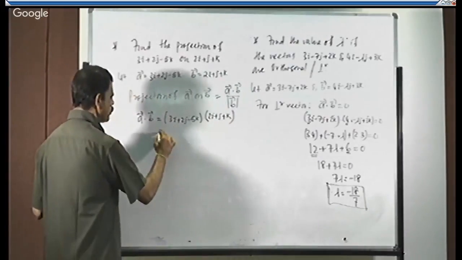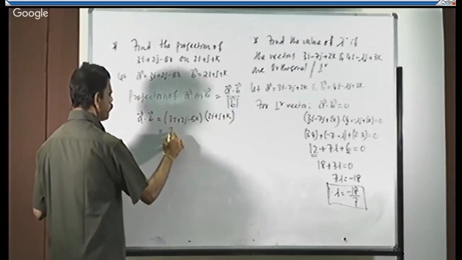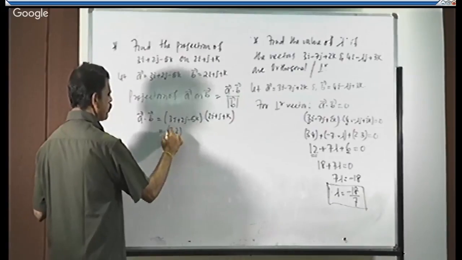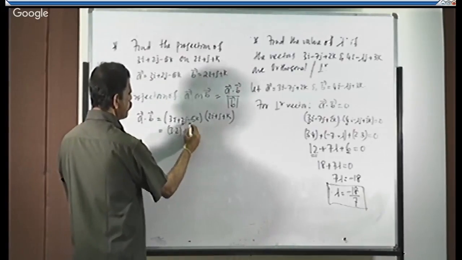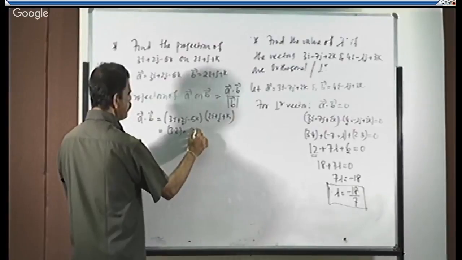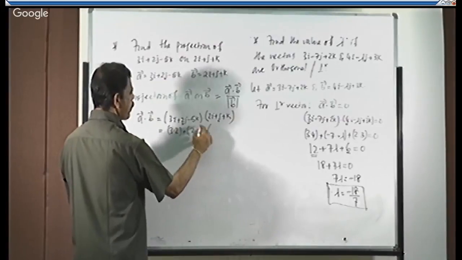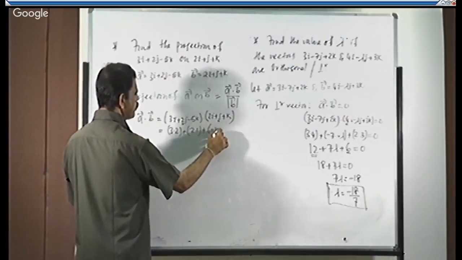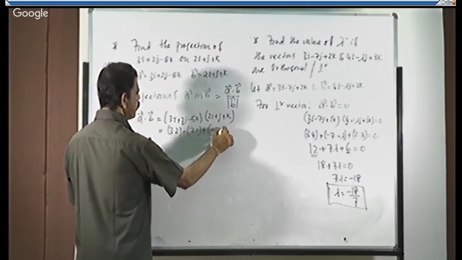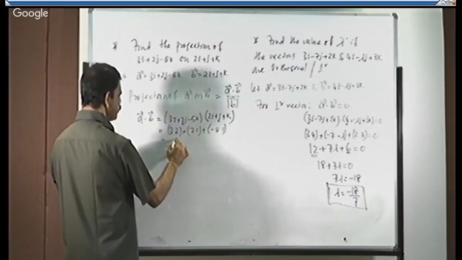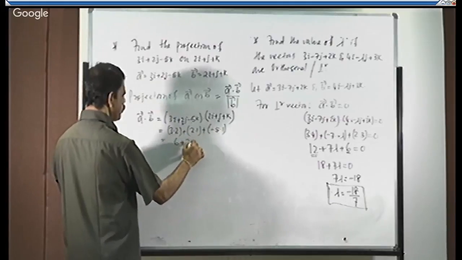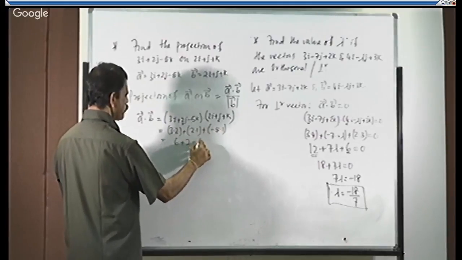That is equal to 3 into 2, plus j coefficients 2 and 1, 2 into 1, plus k coefficient minus 5 into 1. That is 3 2s are 6, plus 2 into 1 is 2, plus 1 into minus 5.